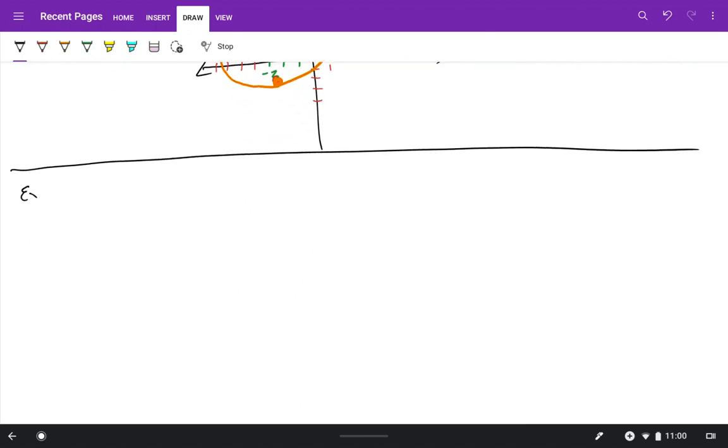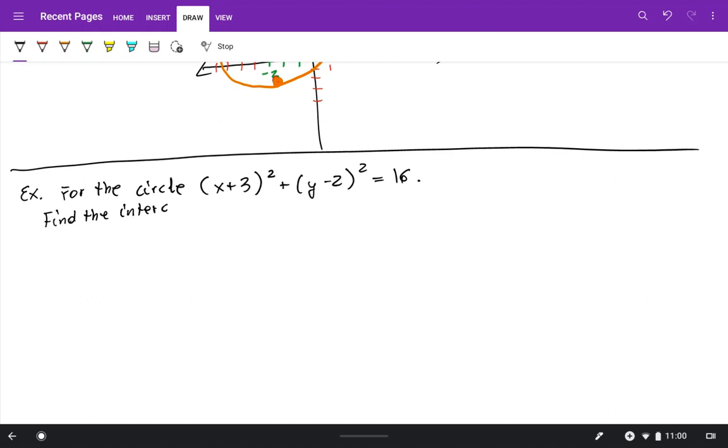In the next example, I want to do a problem where you have to find the intercepts of the circle. So for the circle, x plus 3 squared plus y minus 2 squared equals 16, find the intercepts, if any.